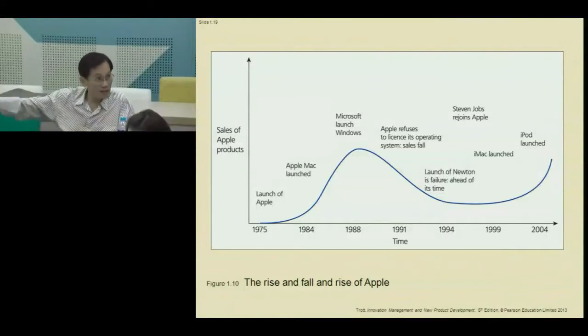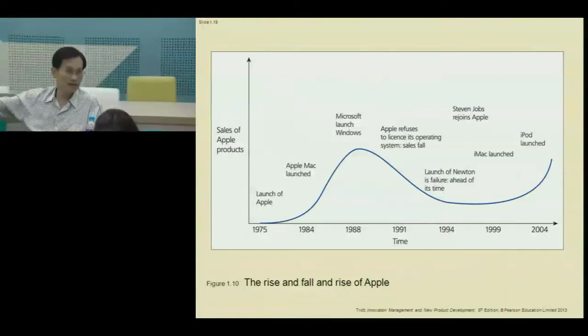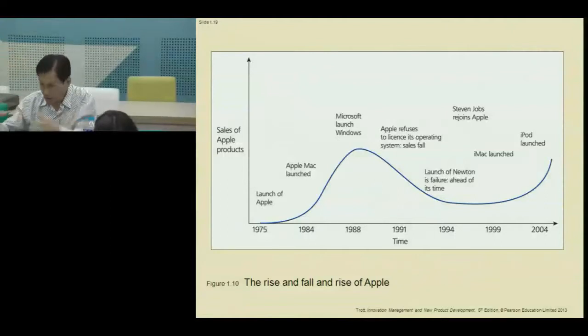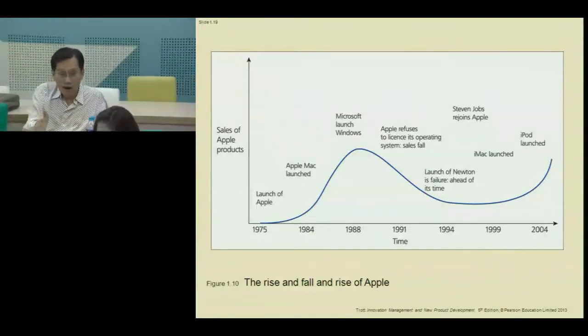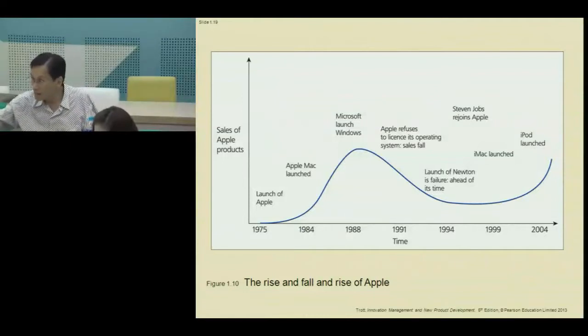But the rest of the industry, like Philips, like Toshiba, like JVC, like Panasonic, they all join together, collaborate, and develop the VHS. So you have one brand, Beta, and then 10 brands of VHS.